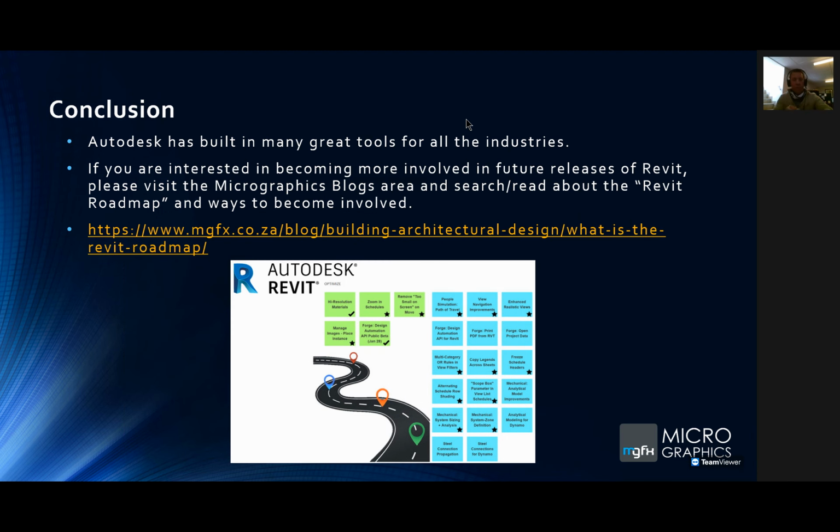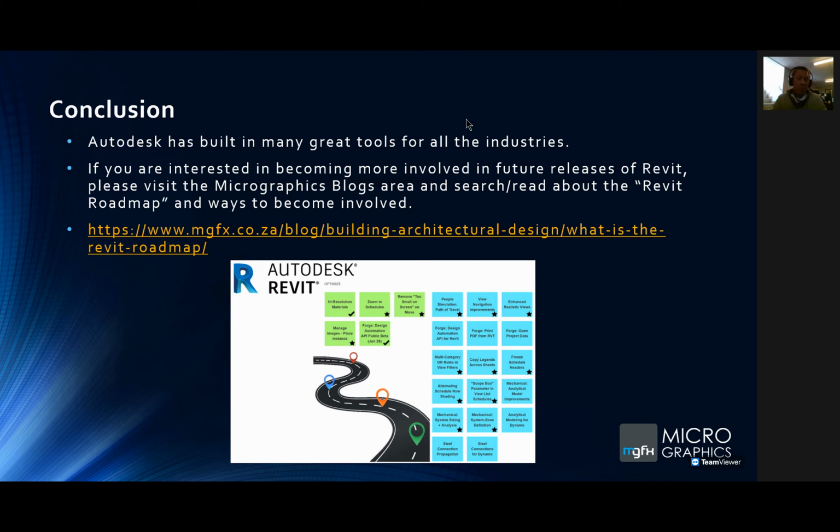Now, I just want to talk about one more thing. Every year, Autodesk releases a new version of Revit, and it is very nice, but what if we could become involved in the process of which tools are going to get added to the next release?